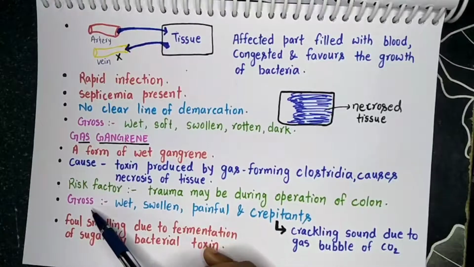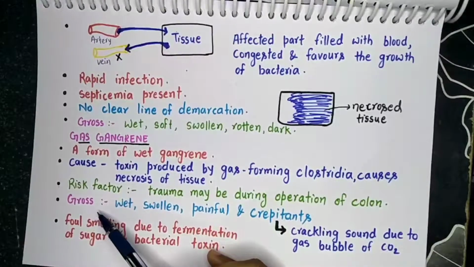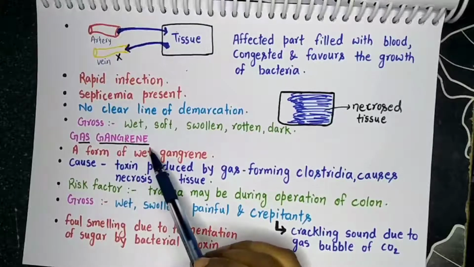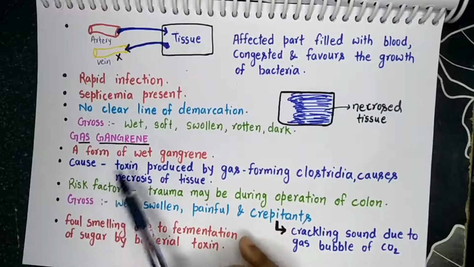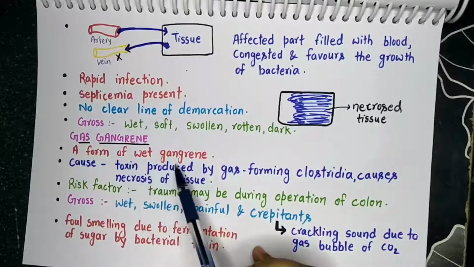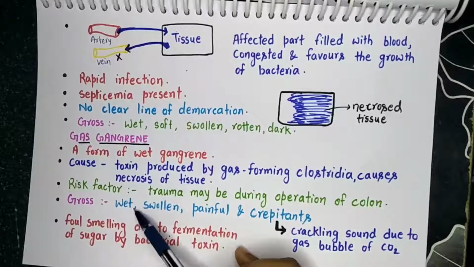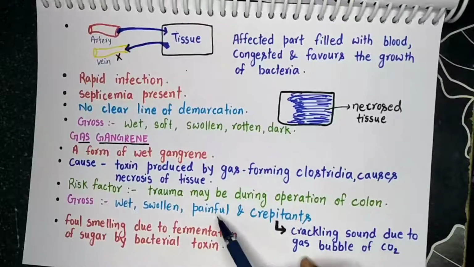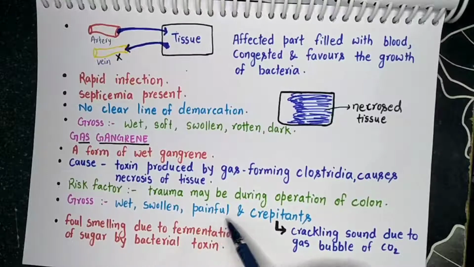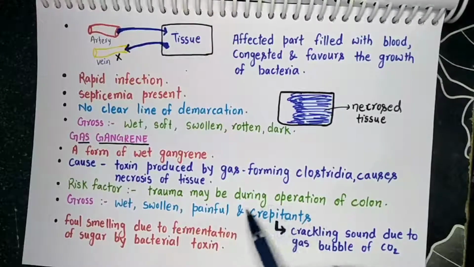Now come to gross features. What are the gross features that we observe in case of gas gangrene? As it is a type or a variant of wet gangrene, the tissue will be wet and swollen, but it is painful. Gas gangrene tissues will be painful, and crepitus will be seen there.